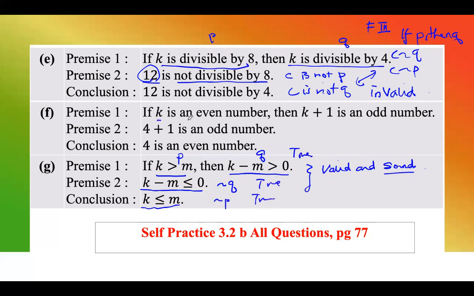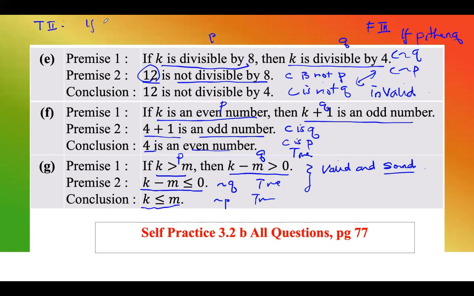If K is an even number, so when you see the word if, that means this is P, this is Q. If K is an even number, K plus 1 is an odd number. If 4 plus 1 is an odd number, okay, now C is Q. 4 is an even number, C is P. So our form is type number two.